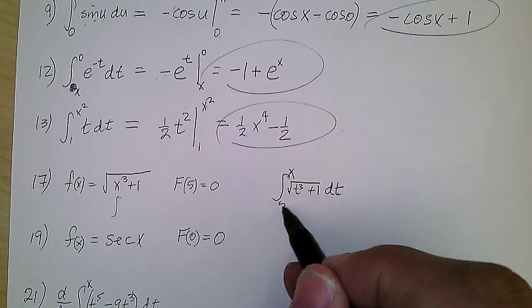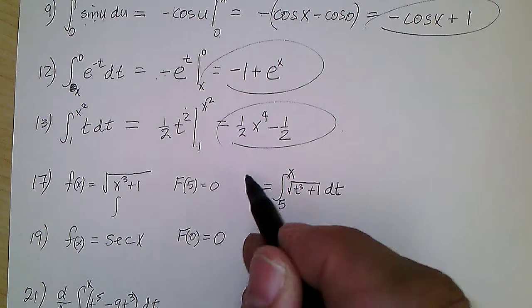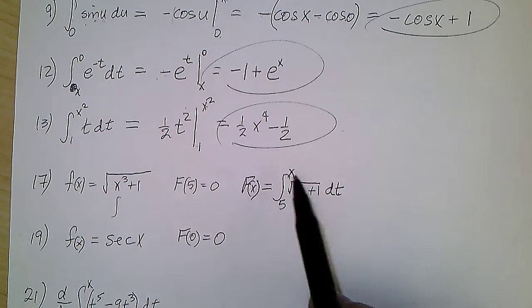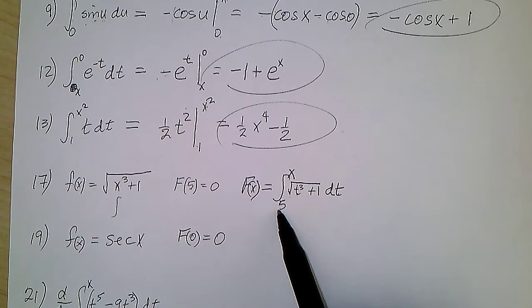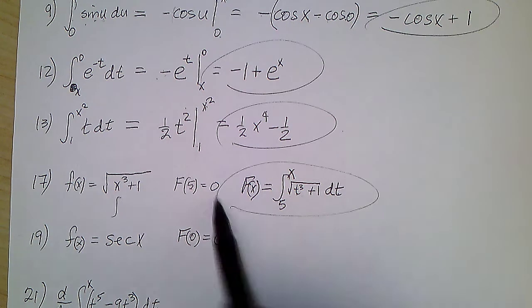So I can just put a 5 where it's 0, and there's what f of x would be, because I would just put x in for that, and the f of 5 is 0, so that's going to be gone. So there's the answer.